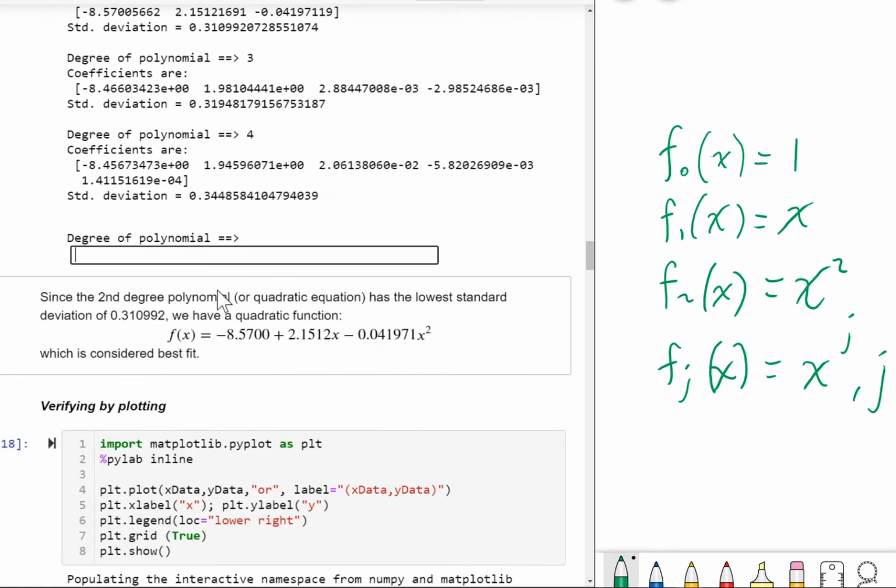Since the second degree or the quadratic equation has the lowest standard deviation, we have the quadratic function. So this quadratic function is considered to be the best fit, meaning that this quadratic function can represent the data well.